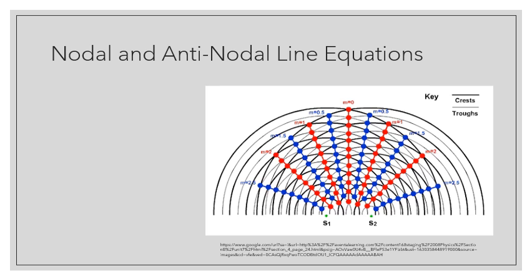There are some equations for the wavelength of the waves that we can obtain via the nodal and antinodal lines.